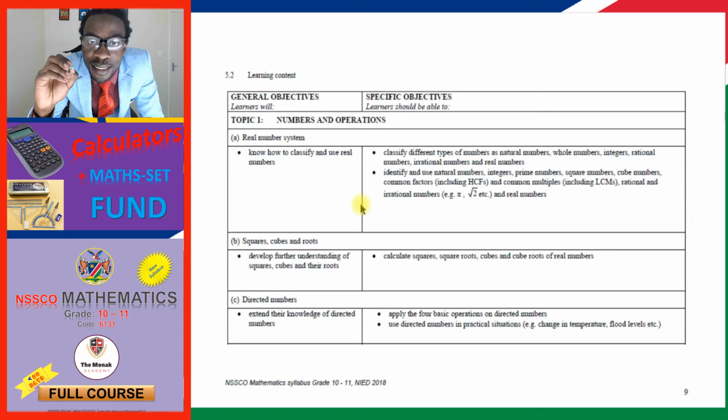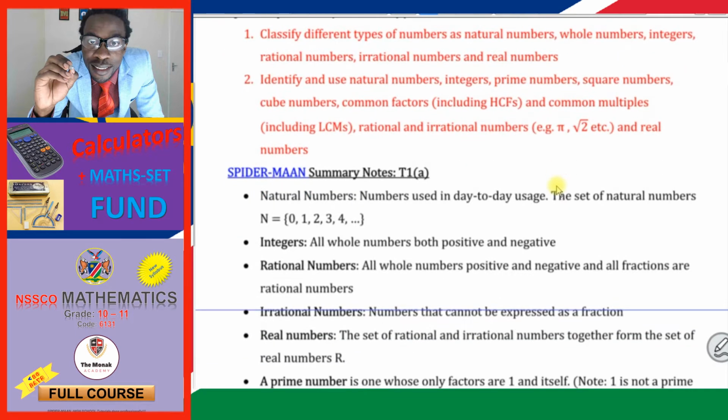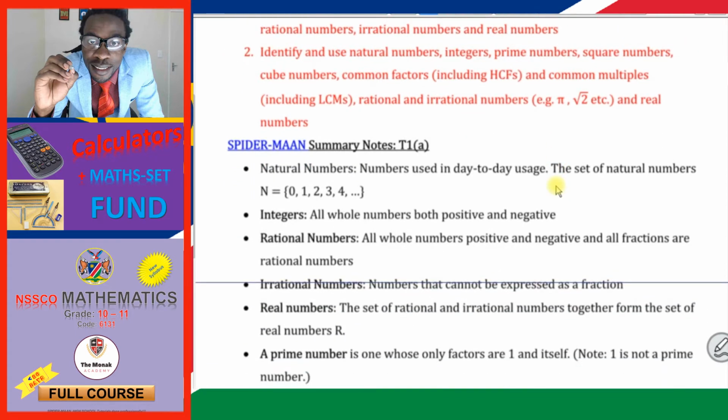So look at topic number 1 here. All you need to know is to define the different types of numbers, yeah? So we know natural numbers are all the numbers that are used in day-to-day usage.